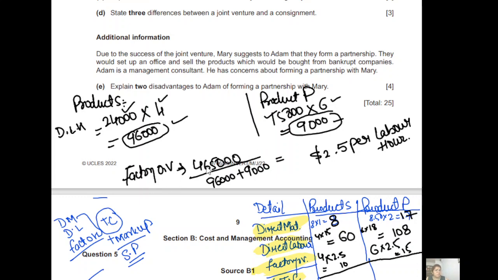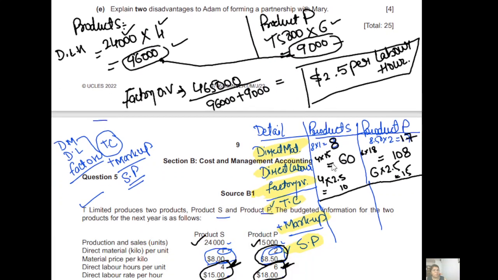Then factory overhead is 465,000, and we divide it by both direct labor hours to find the cost per labor hour, 2.5. Labor hours are 4 for one product and 6 for the other, so 4 into 2.5 and 6 into 2.5.